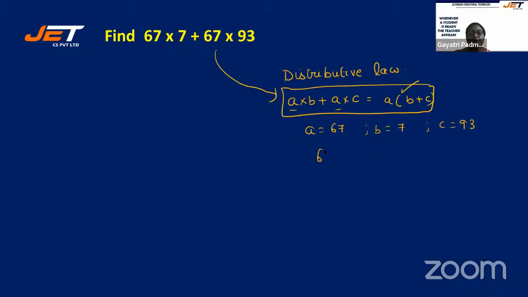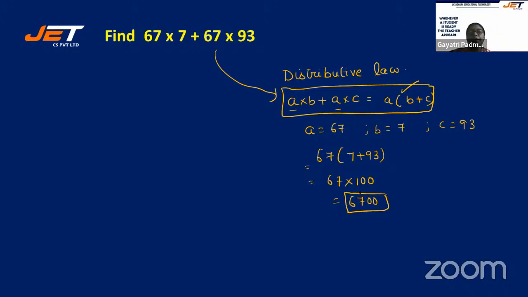What is A, 67, into what is B, 7, plus what is C, 93? Right? So 67 into 100. Right? 7, 8, 9, 10. Yes, you get it as 6,700.